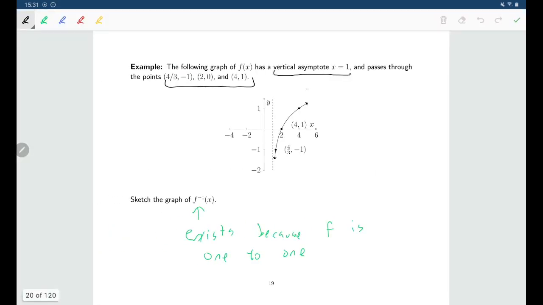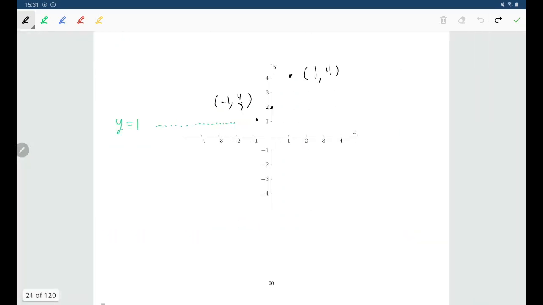My domain for f looks like only values of x that are larger than 1, and so that means that my range for f inverse should be only values that are larger than 1. So this is why, if you're looking at my graph of f inverse, I don't have anything below that line y equals 1.